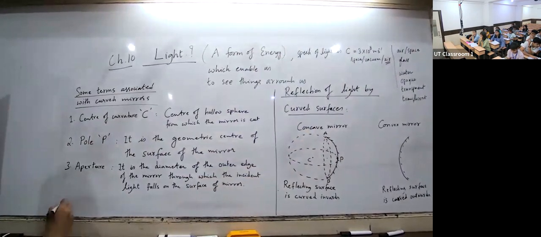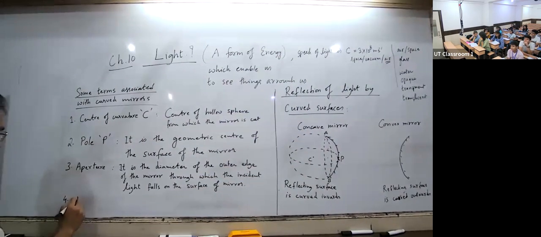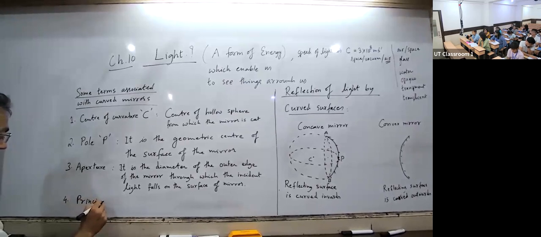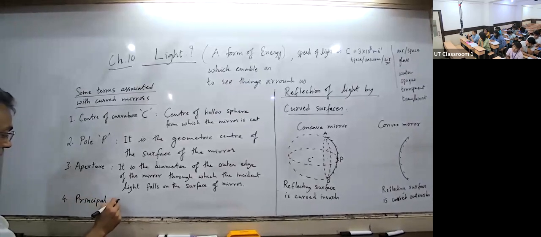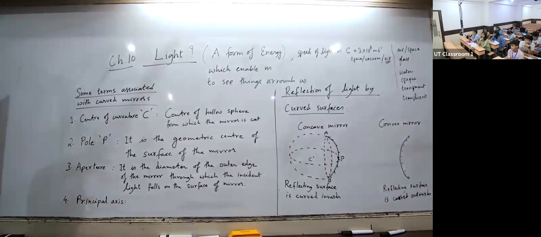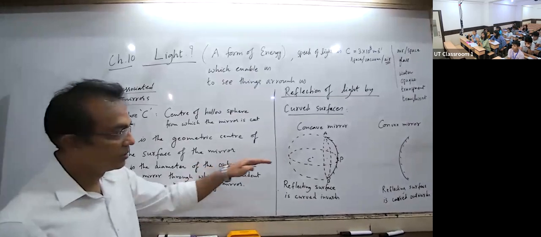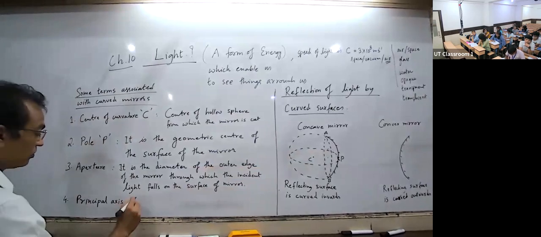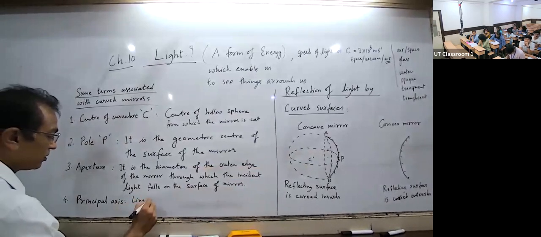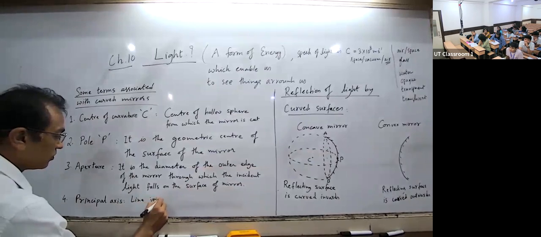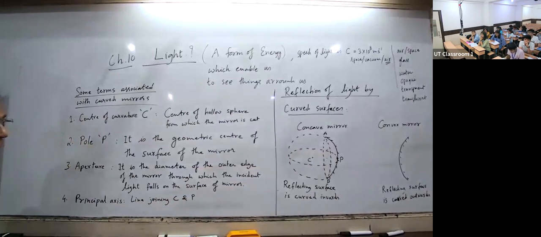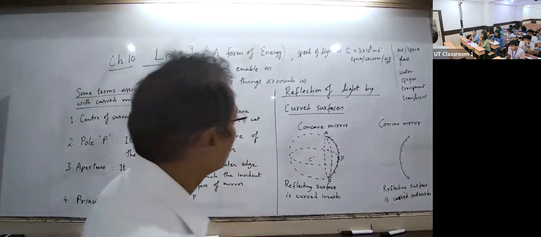Then you have the principal axis. So what is the principal axis? CP. The line joining C and P. This is the principal axis.